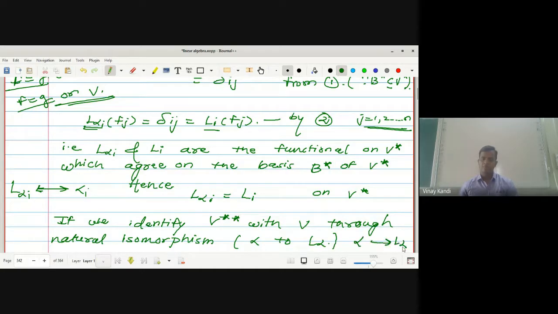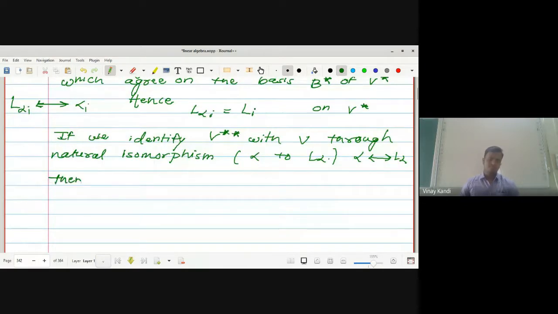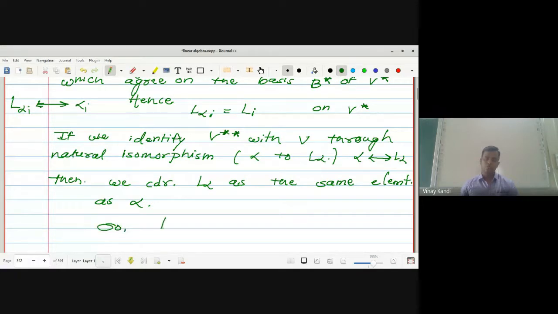then we consider L alpha as the same element as alpha. Okay, so we have Li equal to L alpha i, which is equal to alpha i, where i is running from 1 to n.